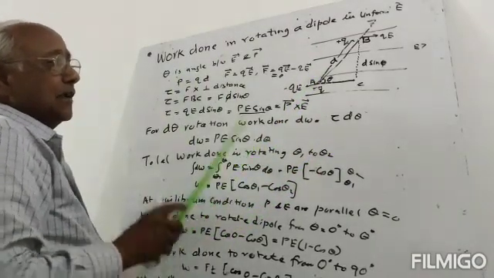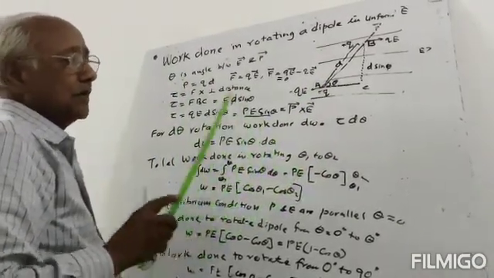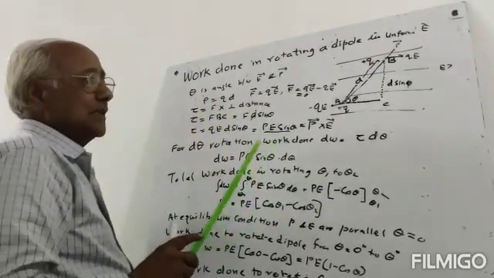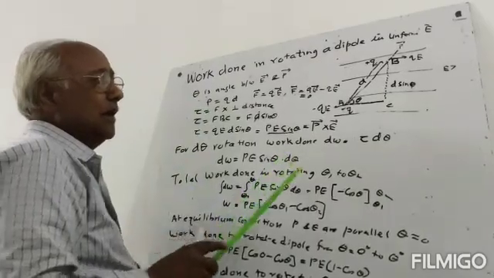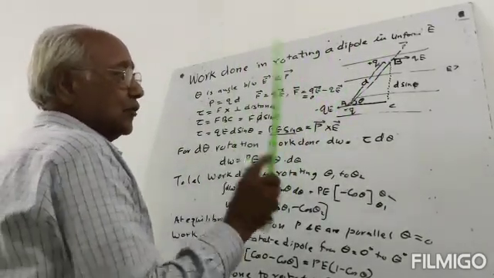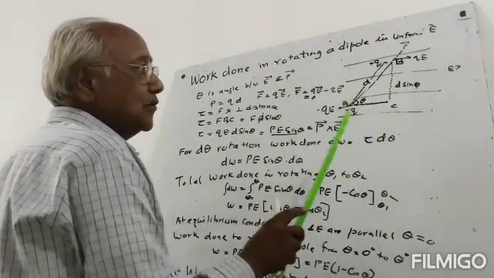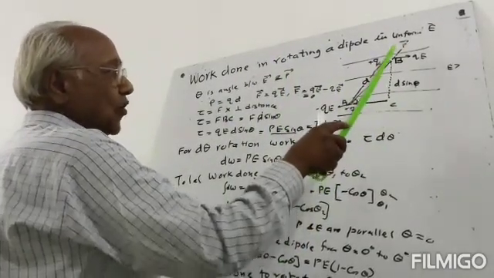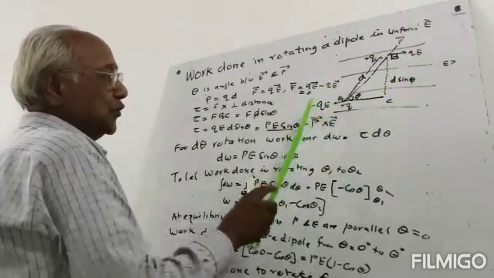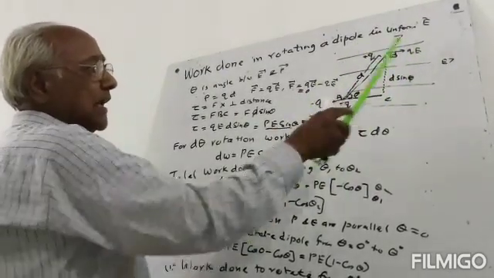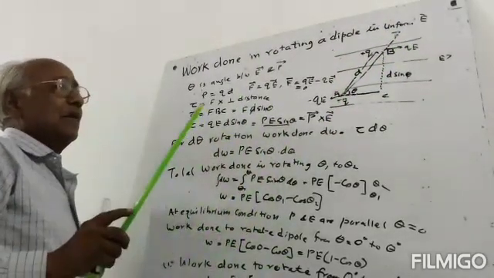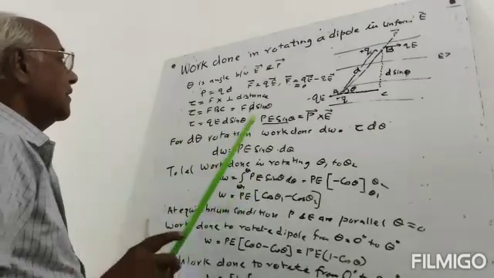It shows that net force is 0, so there will be no translational motion. Translational motion is not possible when the dipole is placed in a uniform electrical field, because the forces on both charges are equal, qE, but in opposite directions.